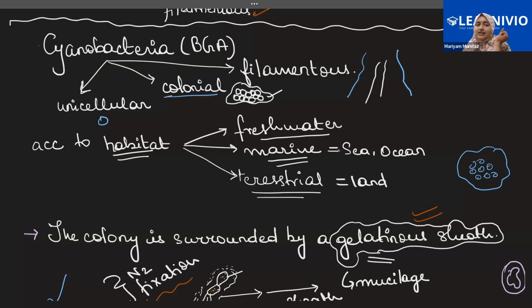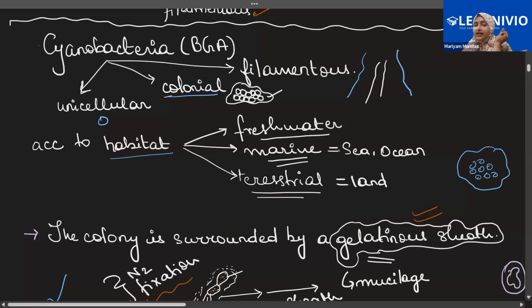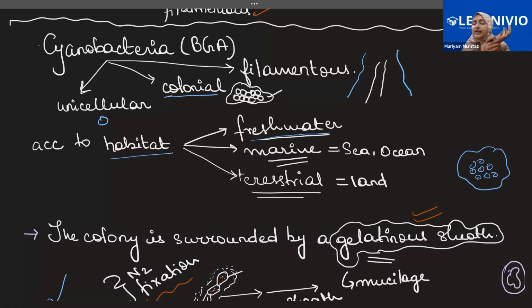Now, the cyanobacteria, according to the habitat, habitat means where they live, can be of three types. They can either be found in fresh water. Fresh water means that is not salty, right? Cyanobacteria can also be found in marine areas.